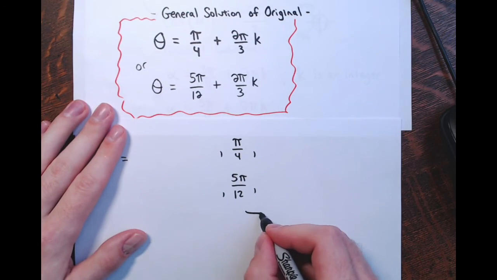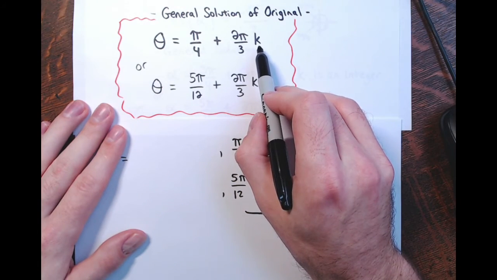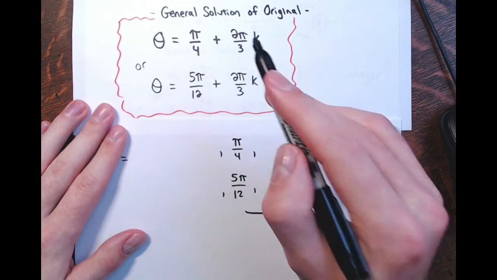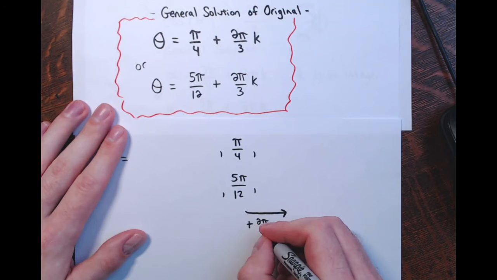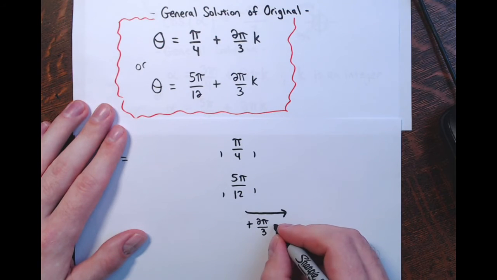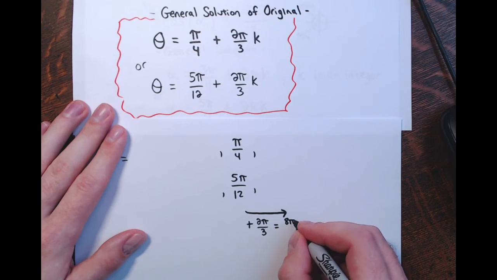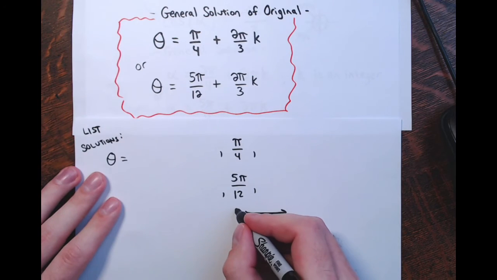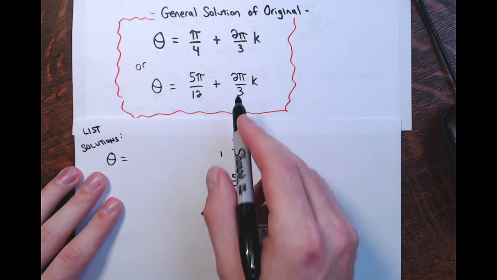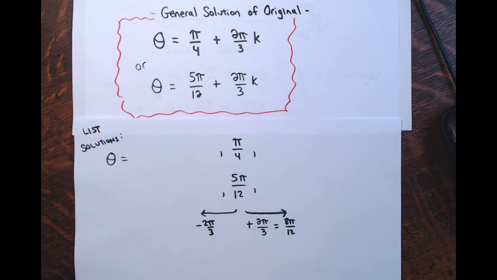Now as I go to the right, every time I increase k by 1, we're going to be adding 2 pi over 3 according to these lines. Now 2 pi over 3 is the same as 8 pi over 12. I'm just trying to get a common denominator here. And then going this direction, I will subtract 2 pi over 3 each time, or subtract 8 pi over 12. And we'll list a bunch of solutions to this equation.